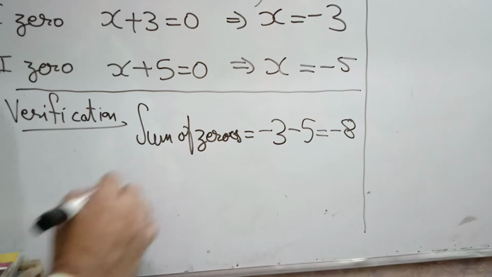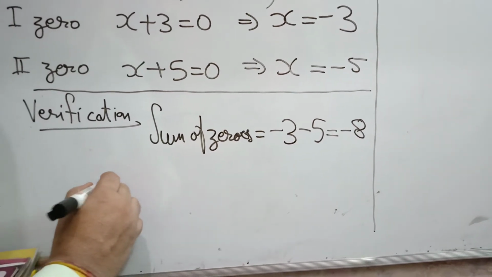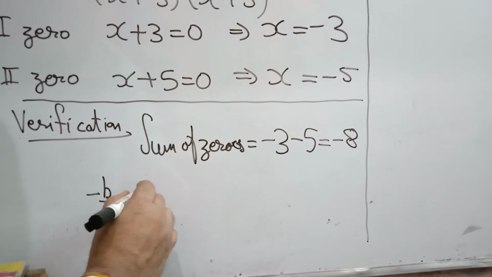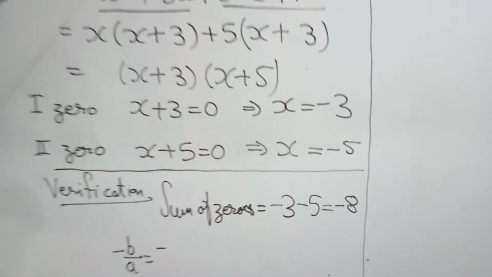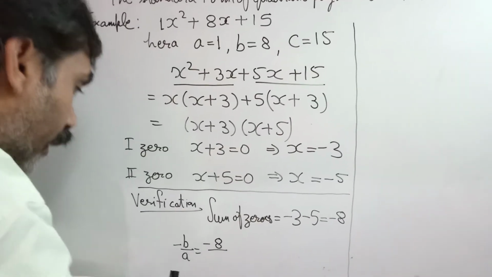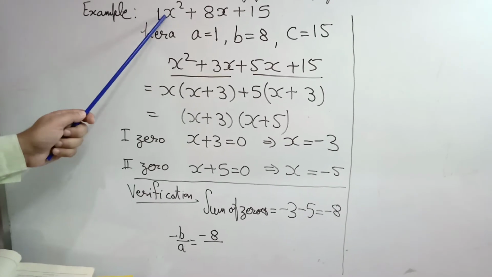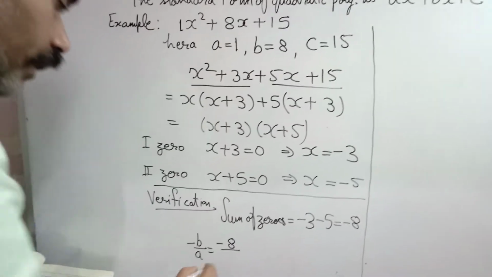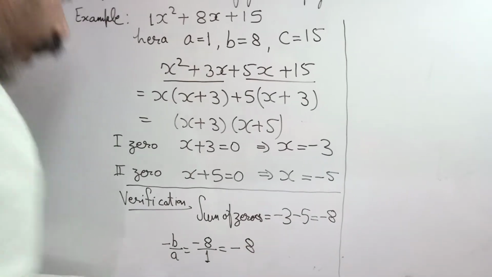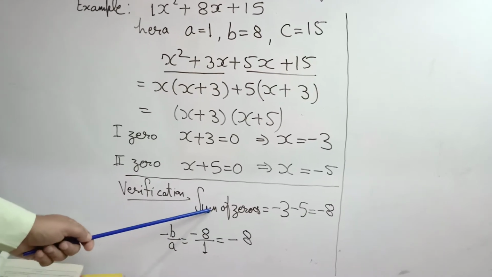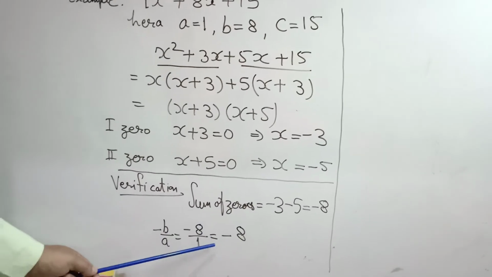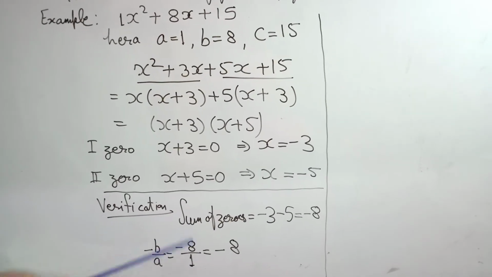And the formula for the sum of zeros is minus b upon a. Here b is the coefficient of x, minus 8, and a is the coefficient of x square, a equals 1. So by the formula we get minus 8, and by the zeros, the sum of zeros is minus 8. Both are equal.